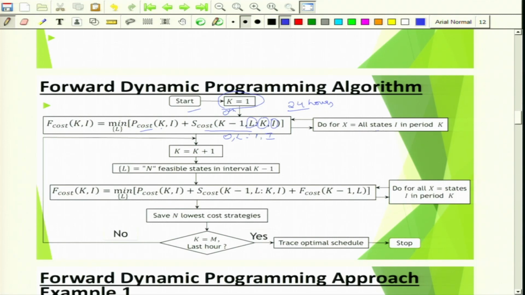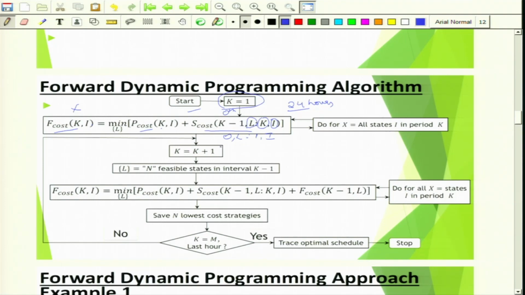And you do it for all states I in period K. So there are, let's say, x number of states, you do it for all such states, right? And then you get the minimum among all these combinations. So that is the fuel cost of the kth interval, that is the first interval of the specific combination.